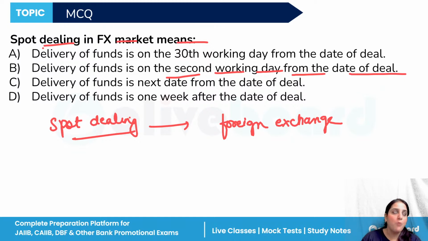In spot transactions, currencies are exchanged for immediate delivery, which typically occurs 2 business days after the trade date. This is standard practice in the forex market, with the exception of certain currency pairs such as the US dollar, which may settle on the next business day, that is T+1.